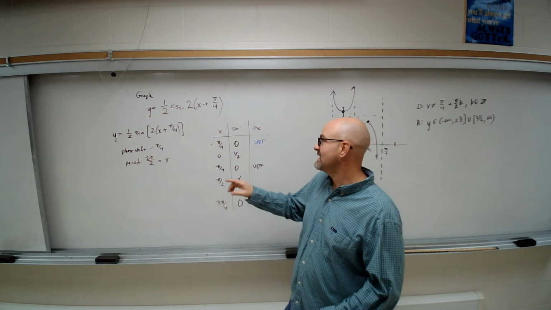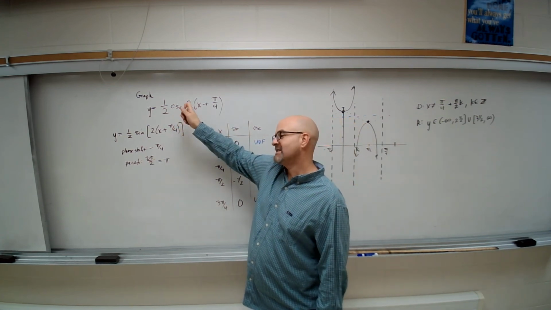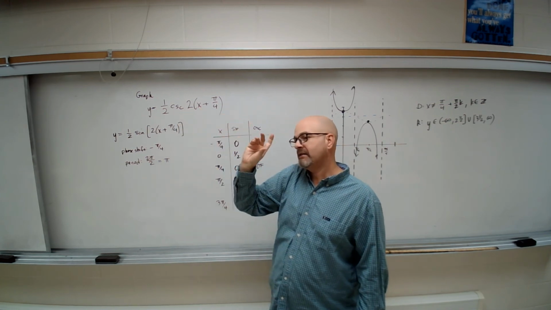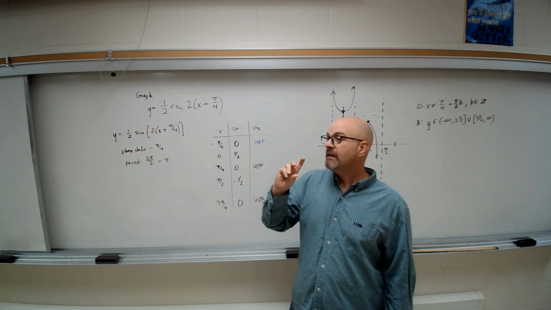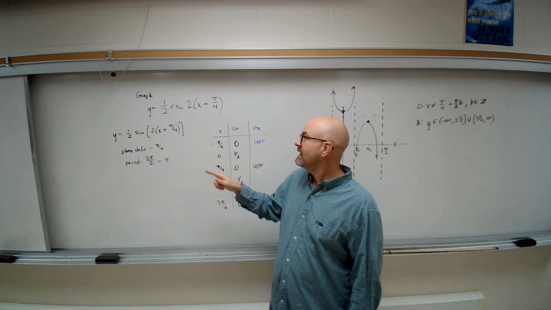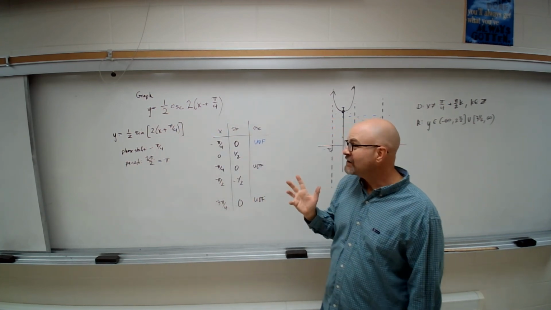Because what happens is this multiplying by 1/2 happens after the cosecant's evaluated. Because when you evaluate the sine is when you're going to get the zeros and the ones and the negative ones. Then you're going to take the reciprocal. So the reciprocal of 1 is still 1. Then you multiply by 1/2. Is why that. So that's kind of tricky.